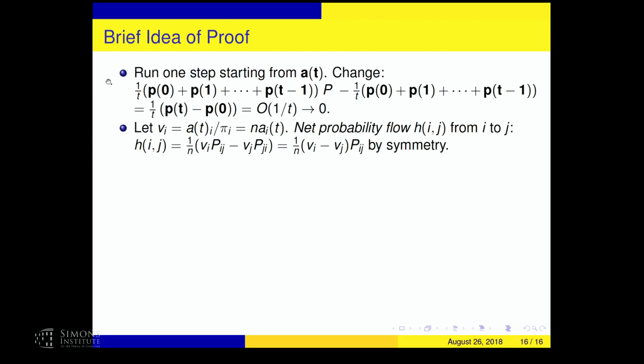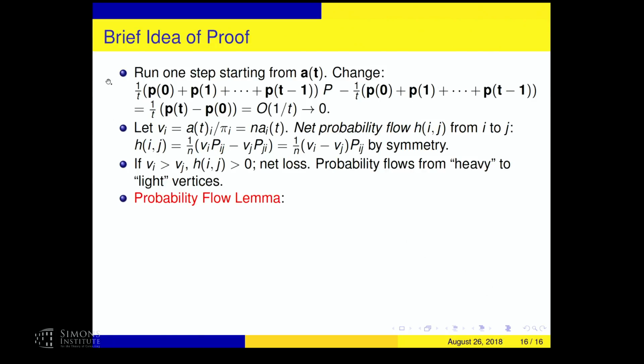There's a calculation for the net probability flow from i to j in that one step. Don't worry about that. The moral is that probability flows from heavy to light states in the step. It sounds intuitively obvious, but it's just a little calculation.